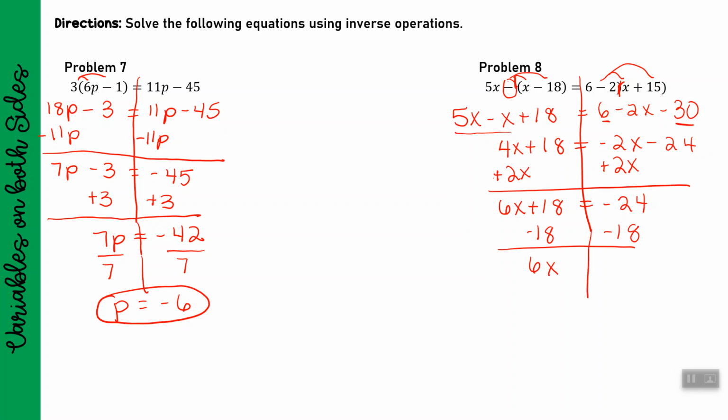I get that 6x equals, well, they're both negative, so really I'm actually just adding the numbers together. So I get negative 42. Divide both sides by 6. And we get that x equals, here's my favorite multiplication or division problem here. Negative 42 divided by 6, we get negative 7.